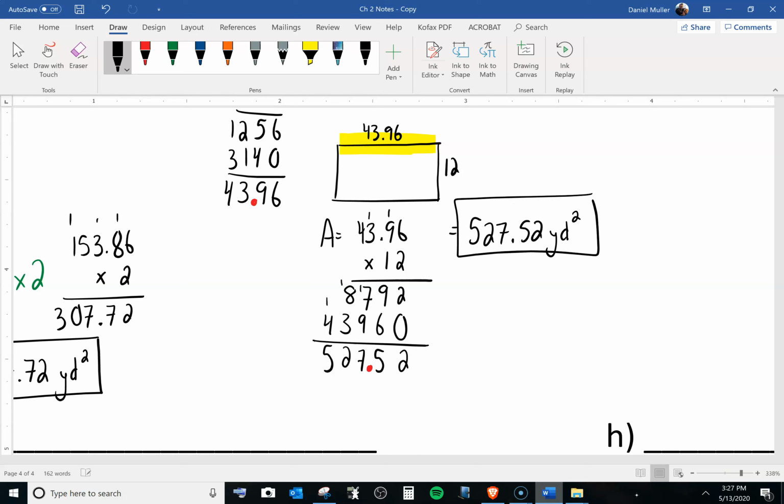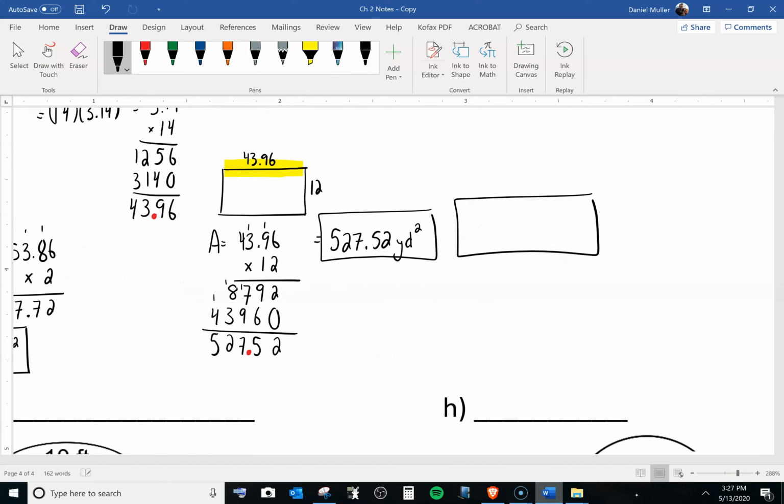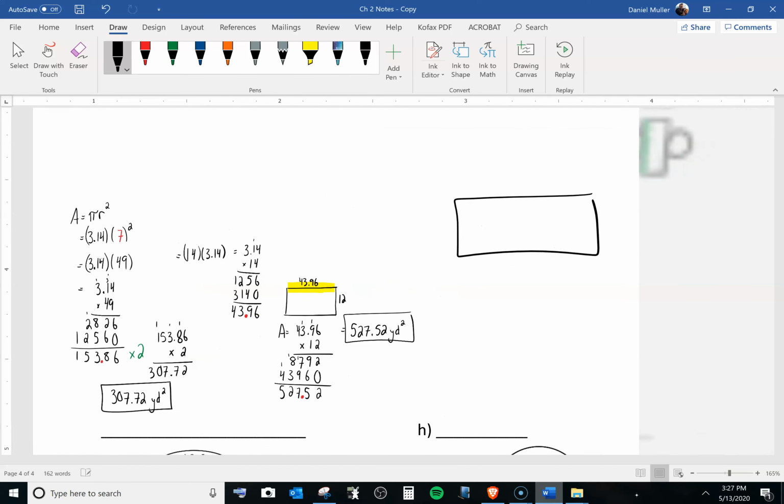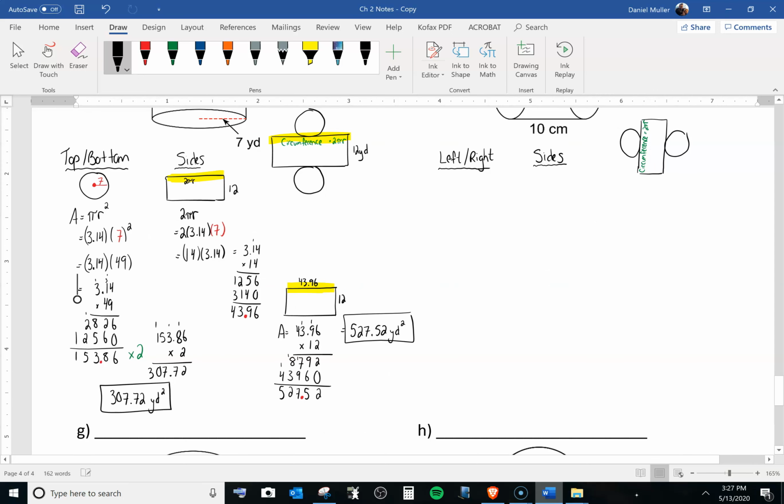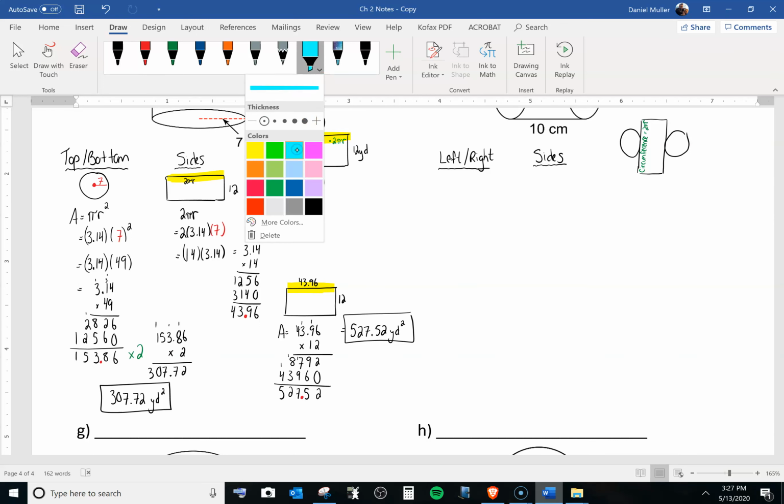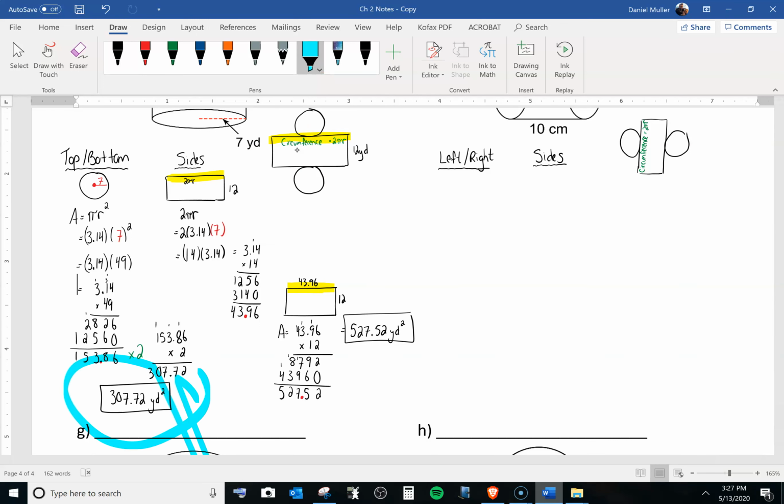Then we need some sort of concluding sentence for the surface area. So therefore, what is our final surface area? I have the top and bottom, which I got 307.72, and I have 527.52. So we're going to need to add those together.